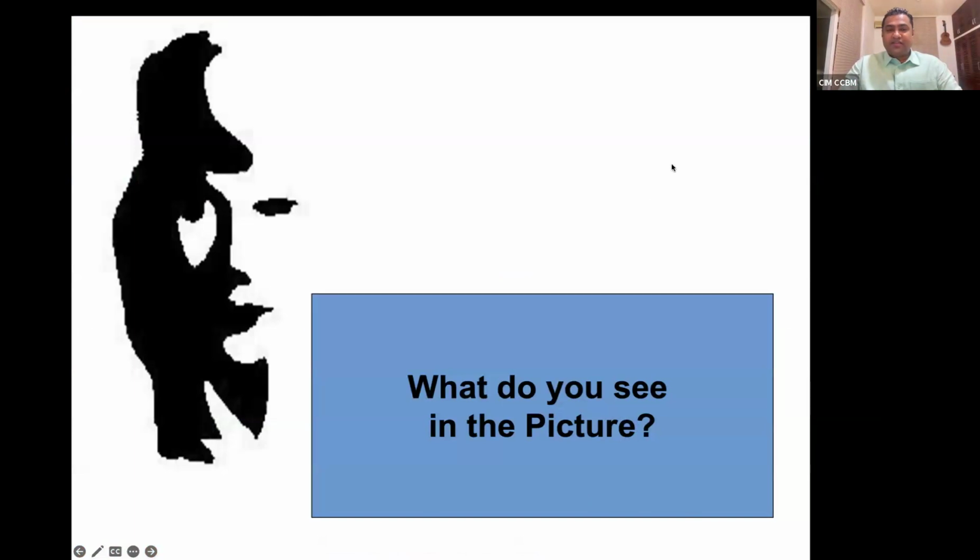And to amplify this further, what do you see in this picture? This example is used by Philip Kotler in his book, Marketing Management. What do you see in this picture? Ask yourself what you see. Some people will see a man playing a trumpet.